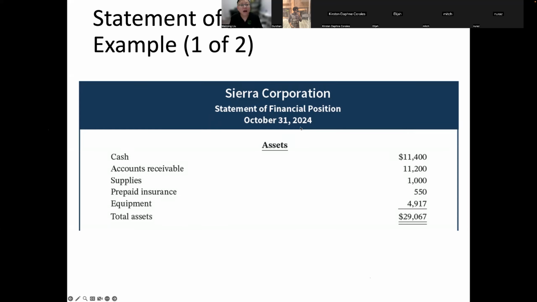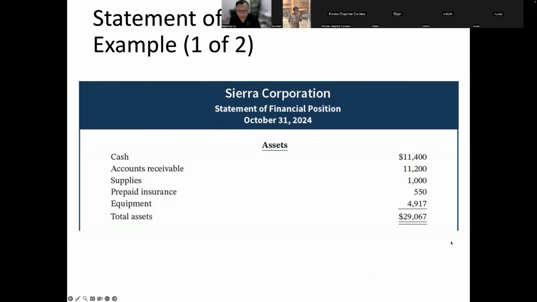This is on October 31st. This is the major difference between the statement of financial position and the other three statements. Only this statement of financial position is like a timestamp. All the others are for a period of time. So here, you have to be really careful. It's at a specific time point, October 31st, 2024.